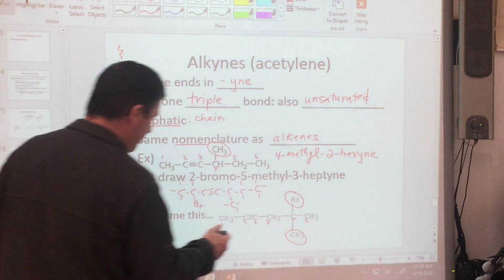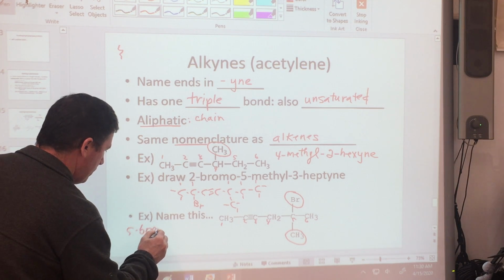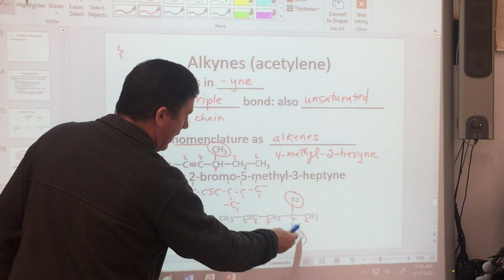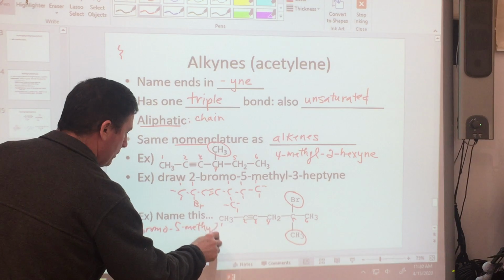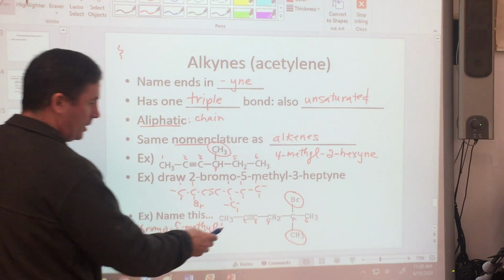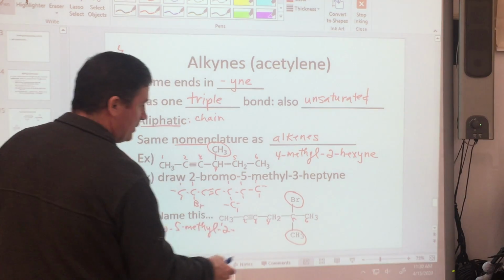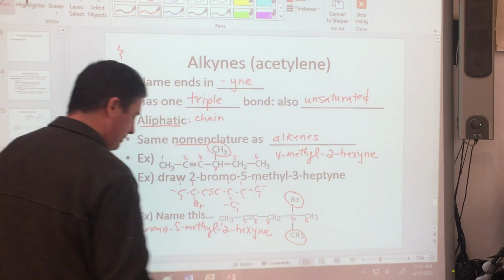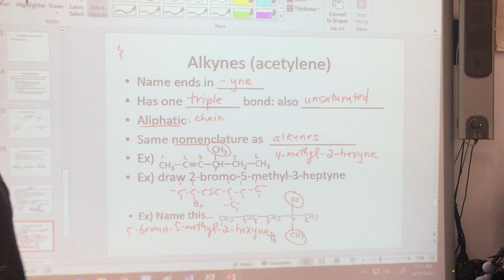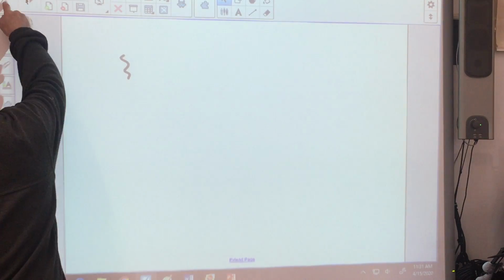So this is 5-bromo-4-methyl-2-hexyne, because its long chain is 6, so that's hexyne. Okay? So that's another challenge for you.